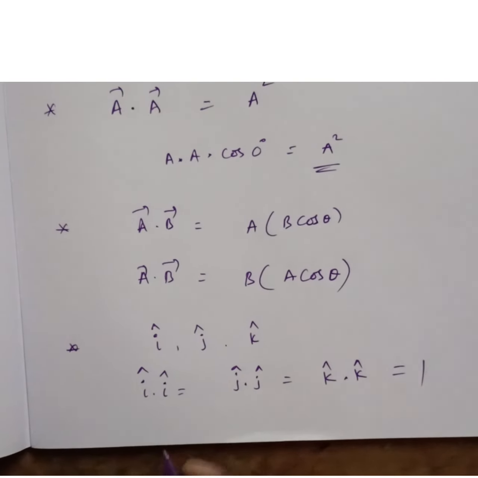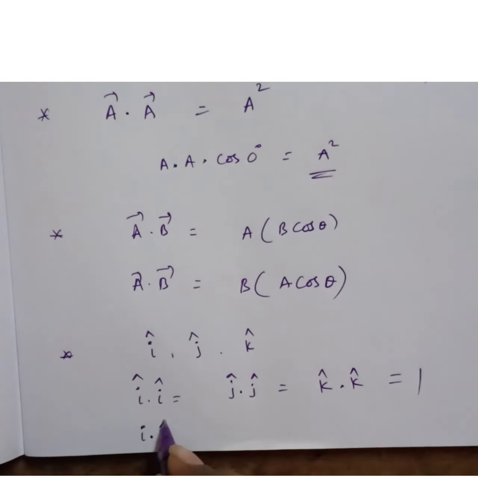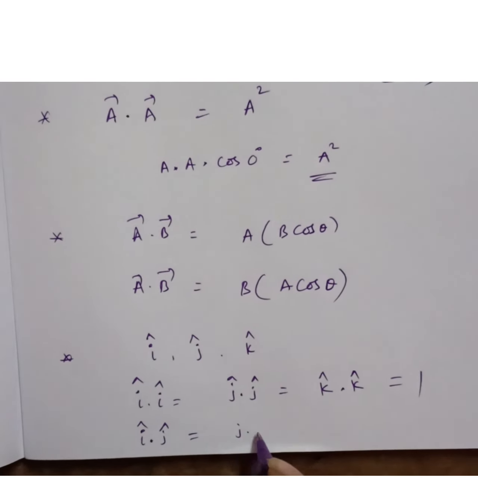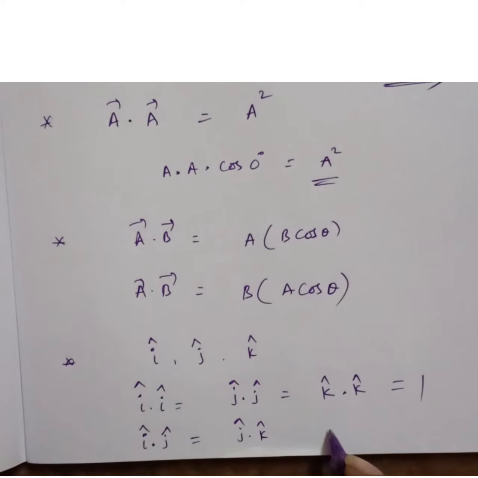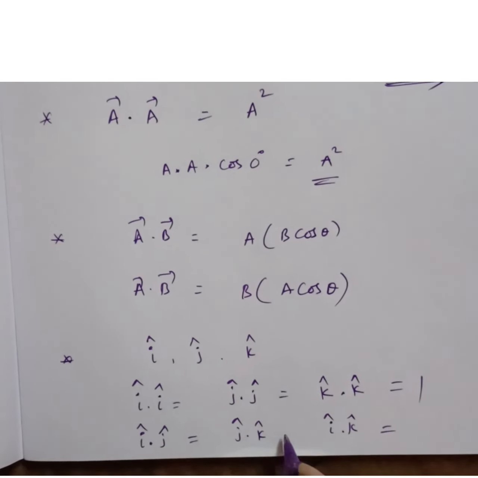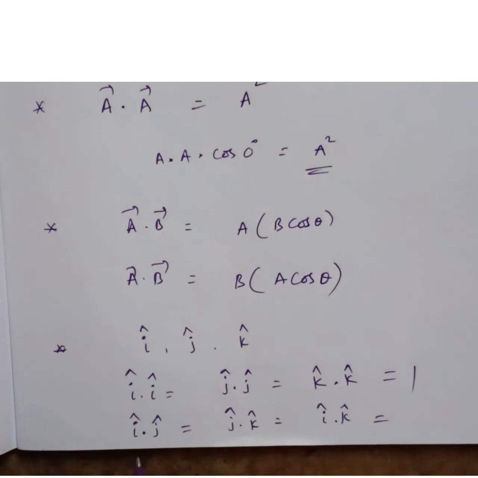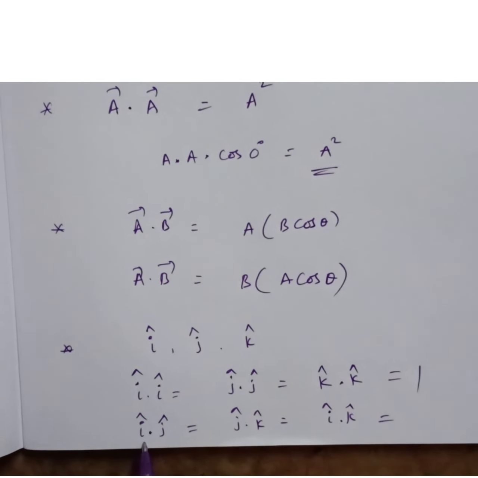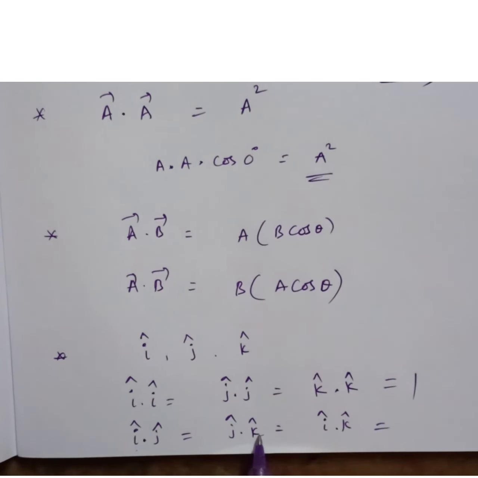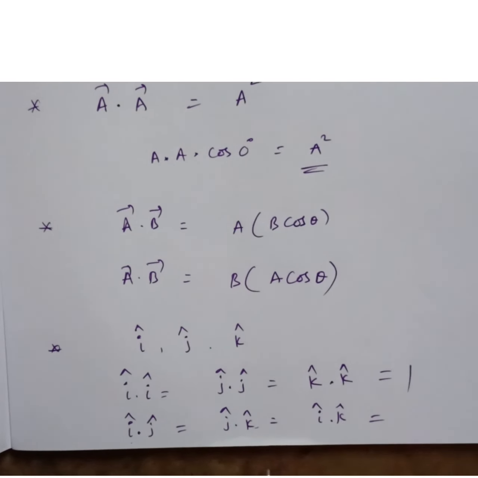So if we do it like this, I dot J, J dot K, I dot K, what will happen? Here, for I dot J, the angle between I and J is 90 degrees. J and K is 90 degrees. K and I is 90 degrees.